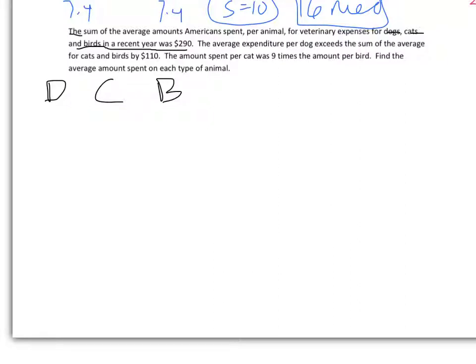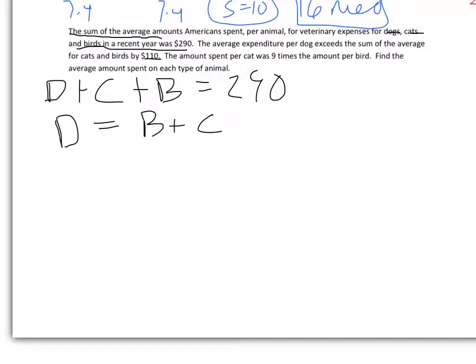So if the sum of the average amount spent per animal is 290, we can say D plus C plus B equals 290. Now, the average expenditure per dog, so D, exceeds the average for birds and cats, so that's going to be birds plus cats, but it exceeds it by 110.